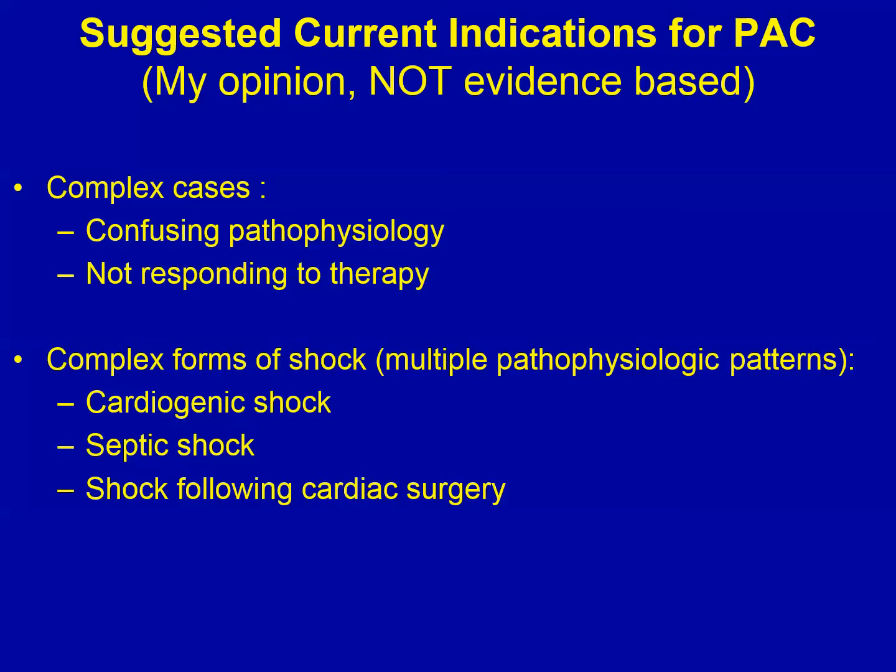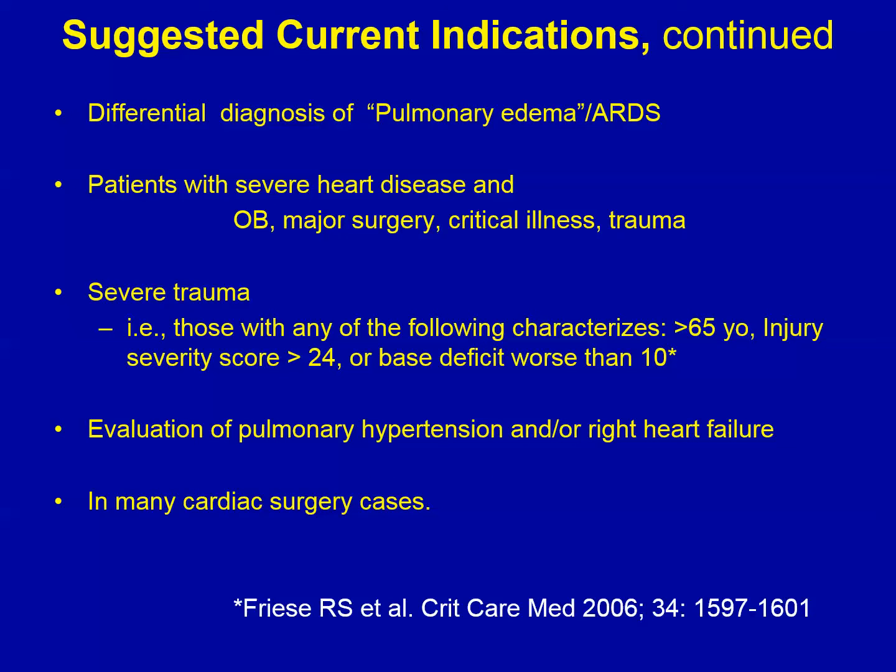So I will now summarize my indications for use of the pulmonary artery catheter. The first is complex cases who have confusing pathophysiology or who are not responding to therapy. These include complex forms of shock, such as cardiogenic shock, septic shock, and shock following cardiac surgery.